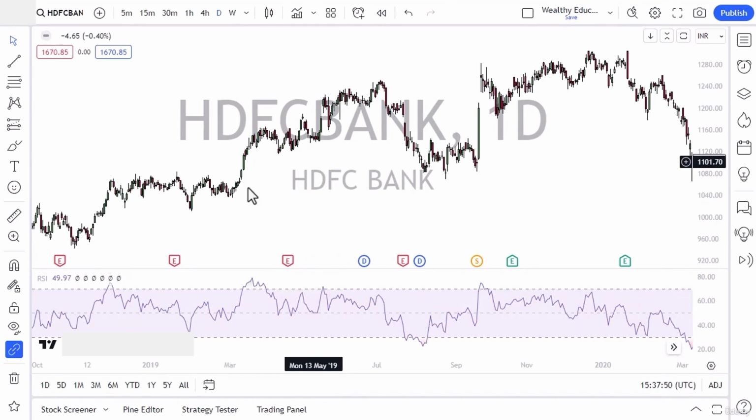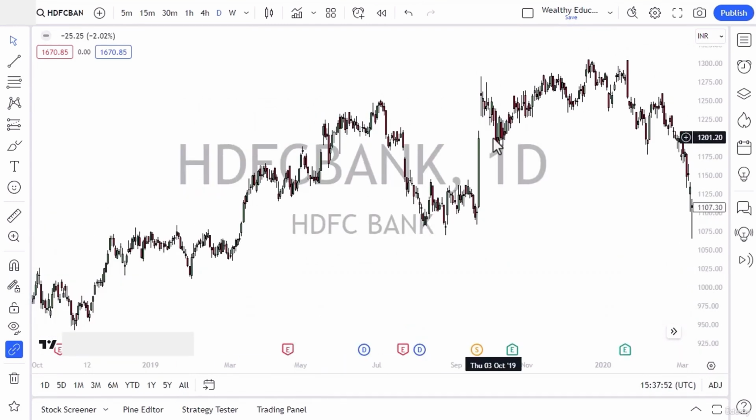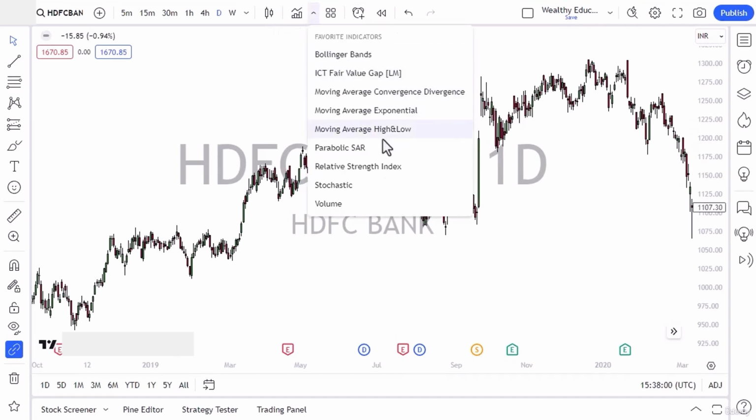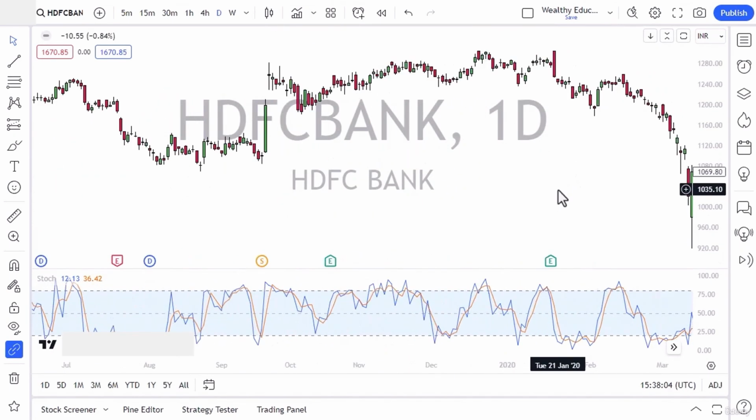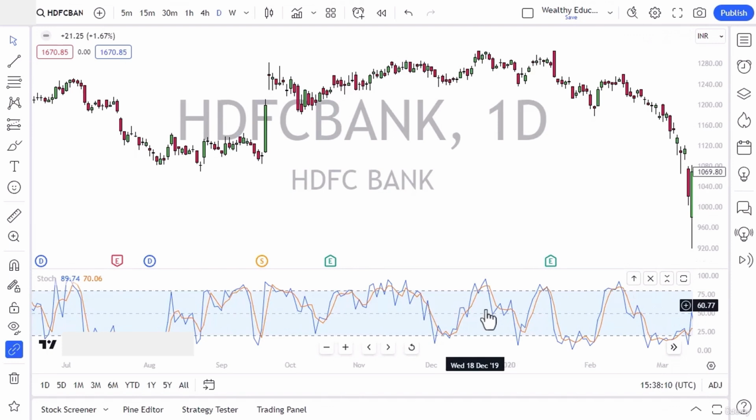So with that, let's take a look at the next momentum indicator, and that would be the stochastic oscillator. So let's go ahead and pull that up. Just listed as stochastic. And stochastic's a bit different in the sense that it has a couple of moving averages in it.